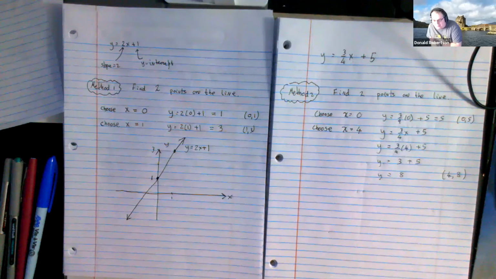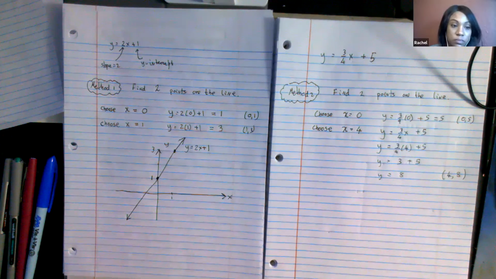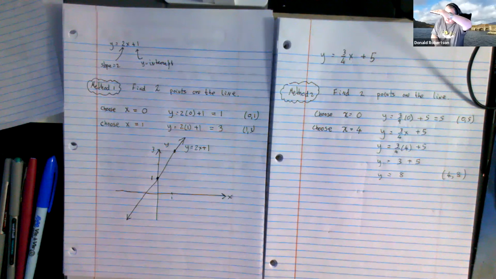Unless, that's why we need method 3, I end up with a point that is outside the window that WebAssign does, right? You know, when WebAssign looks like it only picks -10 to +10, right? Can you imagine I might get 4,20? That wouldn't fit, so I couldn't use it.